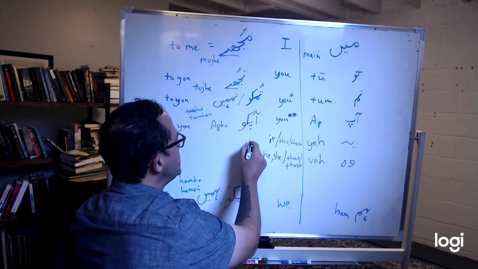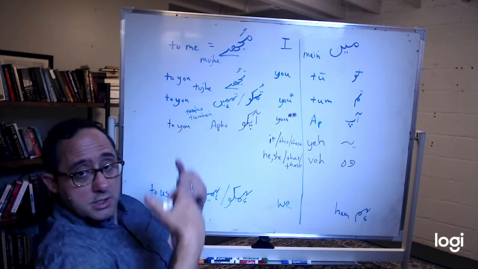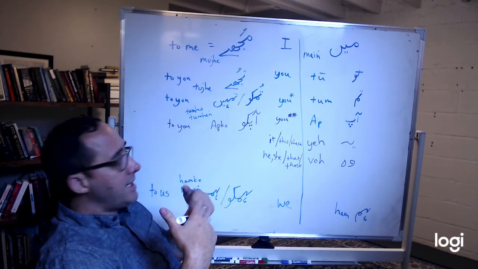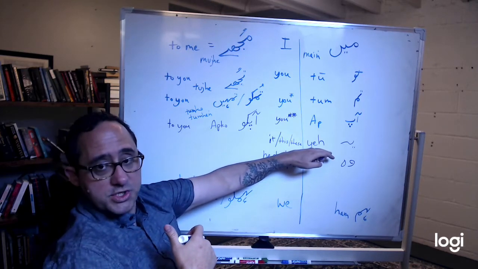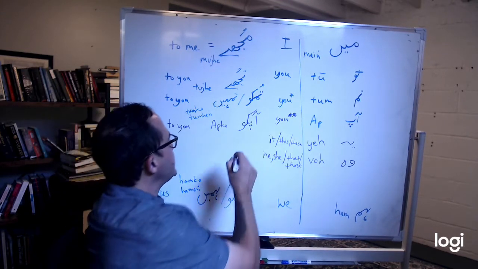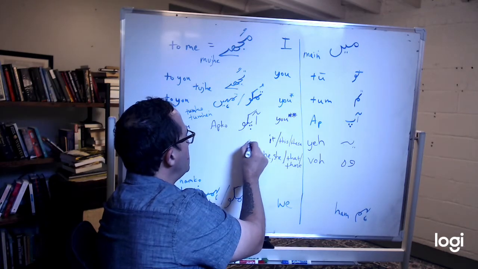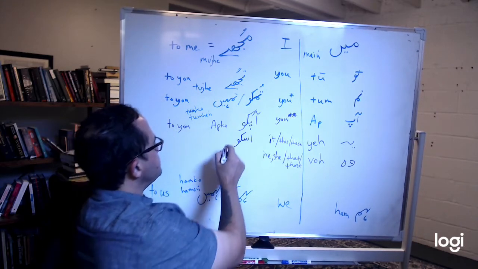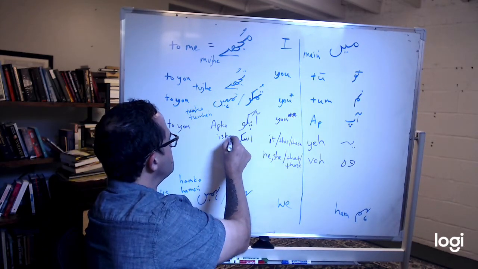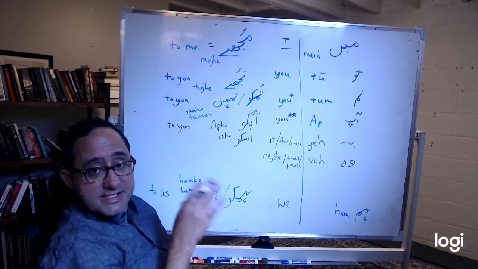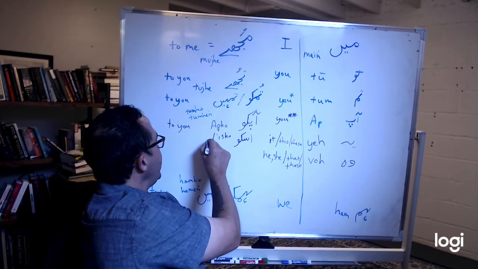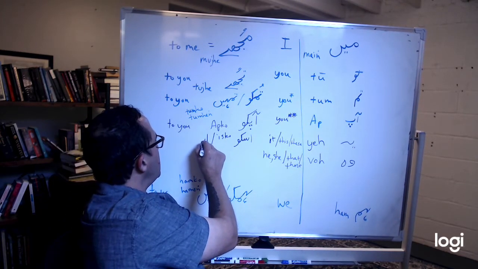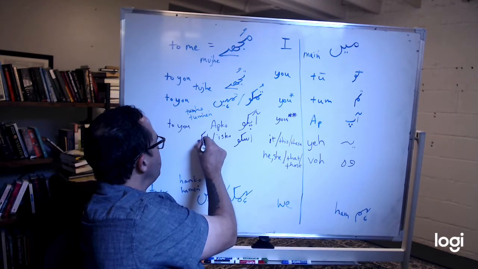To it, or to this, or to these, is isko if it's singular, and inko if it's plural.